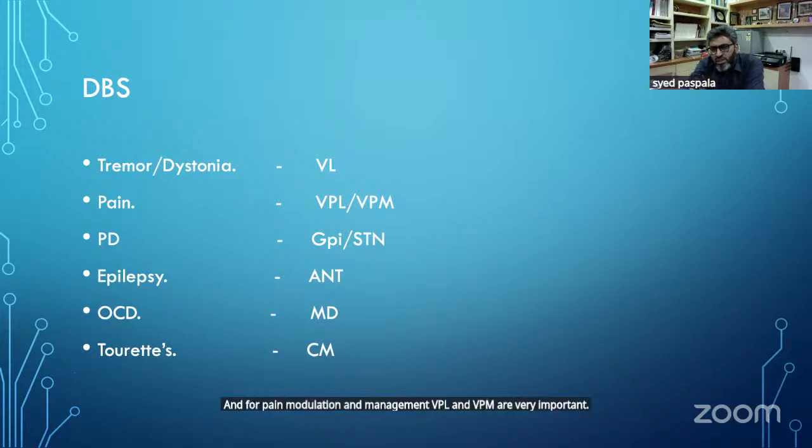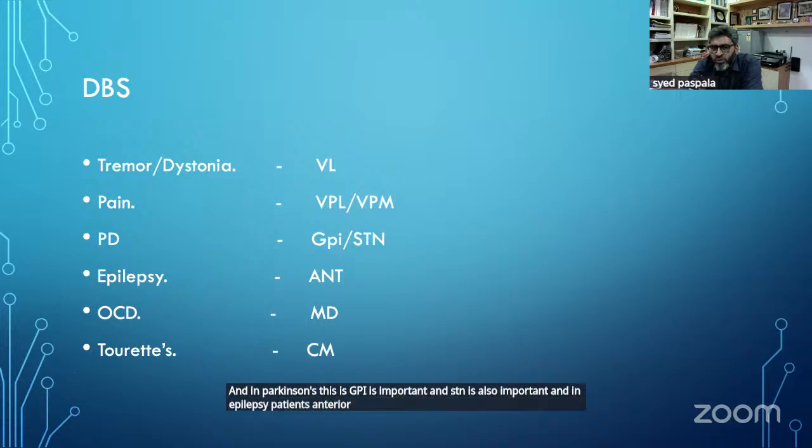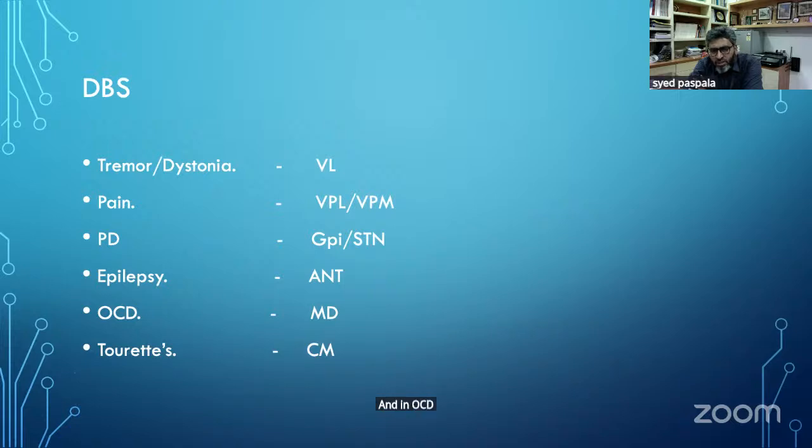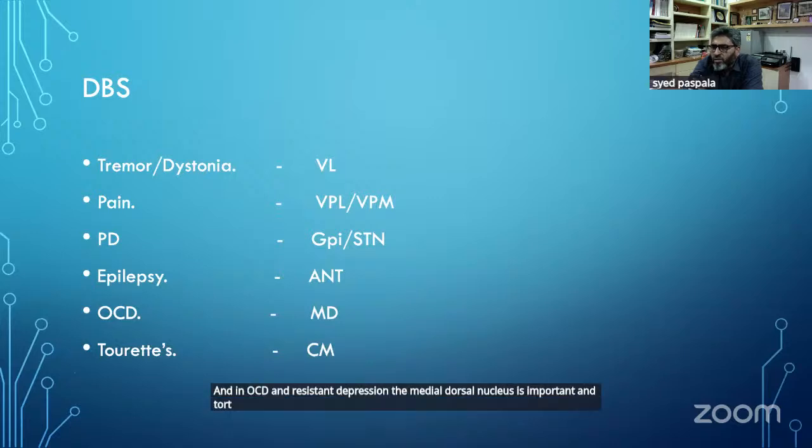And in Parkinson's disease, GPI is important, and STN is also important. And in epilepsy patients, anterior nuclear group is important. And in OCD and resistant depression, the medial dorsal nucleus is important. And in Tourette's, centromedian nucleus is important.